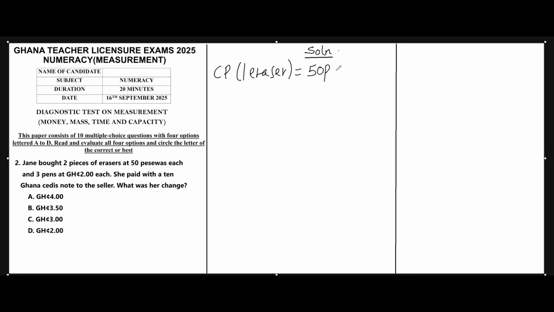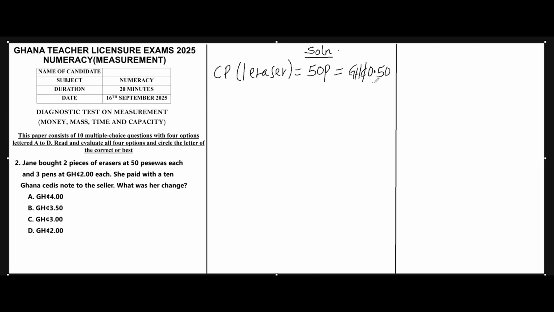And we know that 50 pesos can be represented in decimal form as 0.50 Ghana cedis.